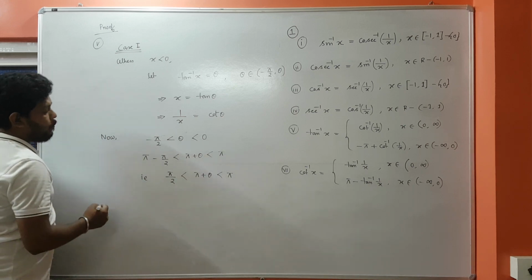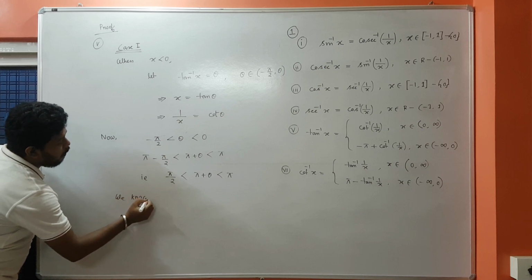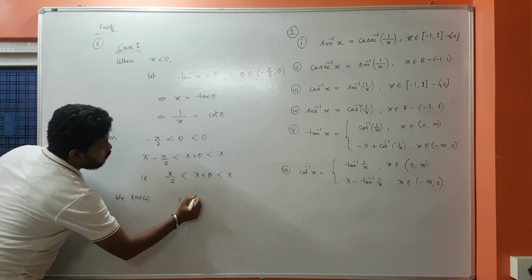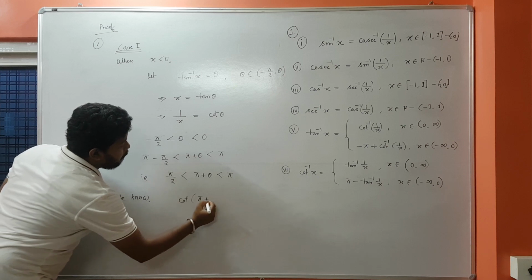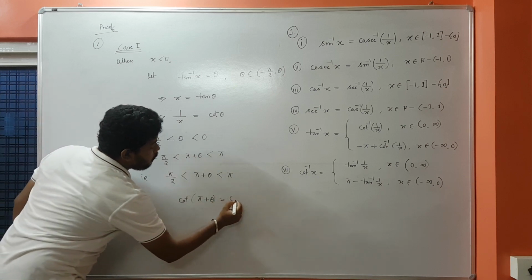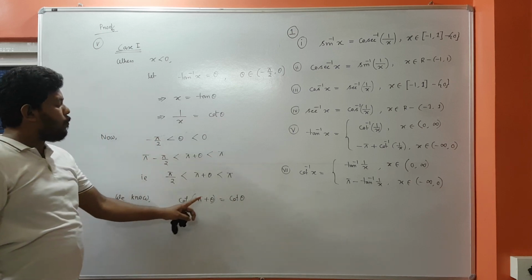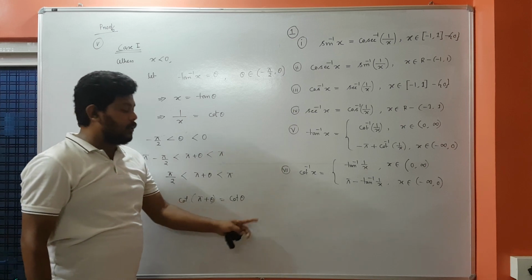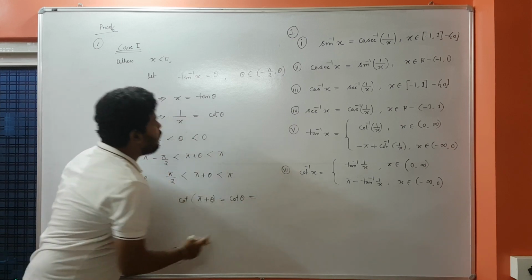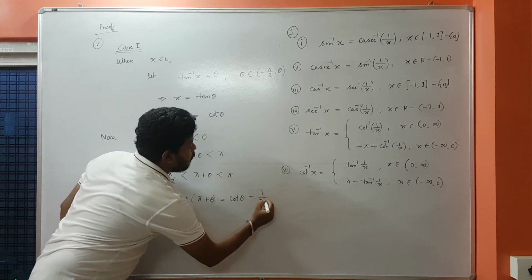We know cot of pi plus theta is equal to cot theta, and we know cot theta is equal to 1 by x.